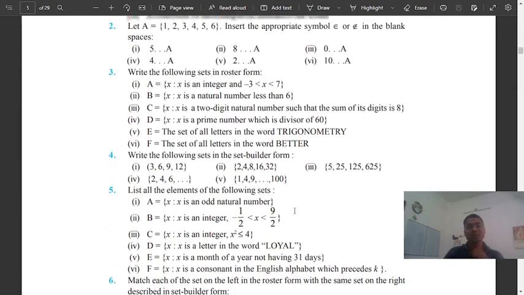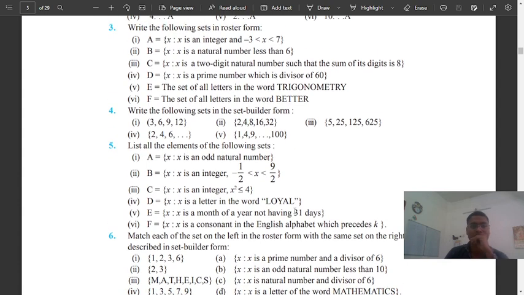Now we will solve some questions. Our first question is: convert this into roster form.